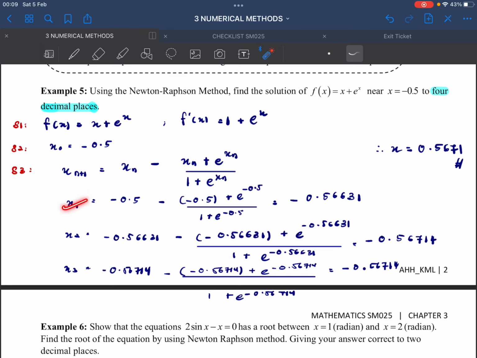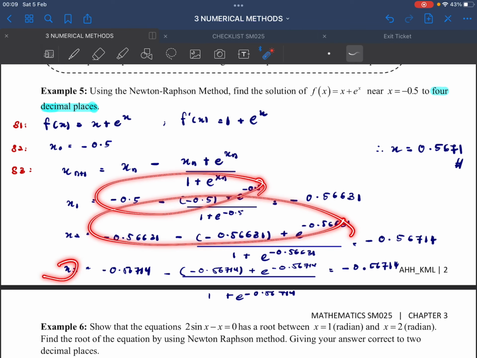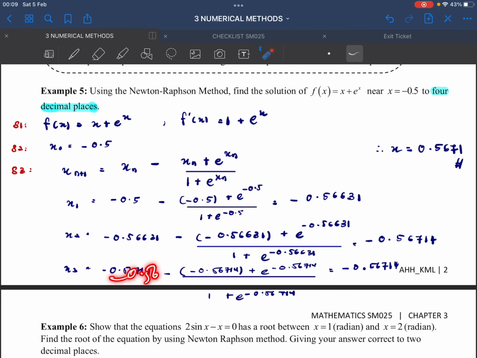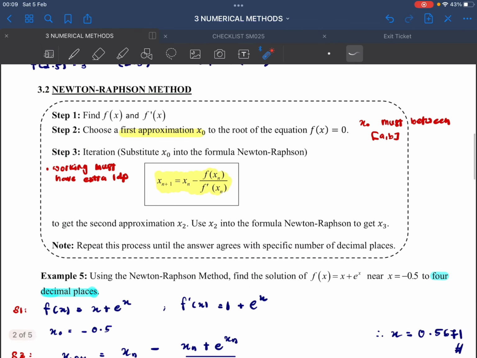That means for x1 and x2, the substitution has to be written out. For x3, you can just write the answer. The first two steps of substitution must be shown, then you can get the marks.